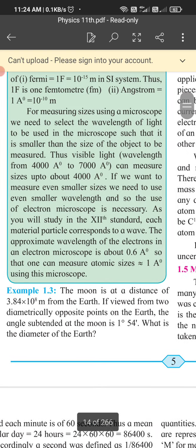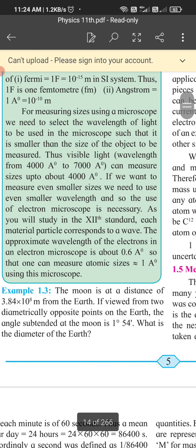Next example: the Moon is at a distance of 3.84 into 10 raised to 8 meter from the Earth. If viewed from two diametrically opposite points on the Earth, the angle subtended at the Moon is 1 degree 54 minutes. What is the diameter of the Earth?